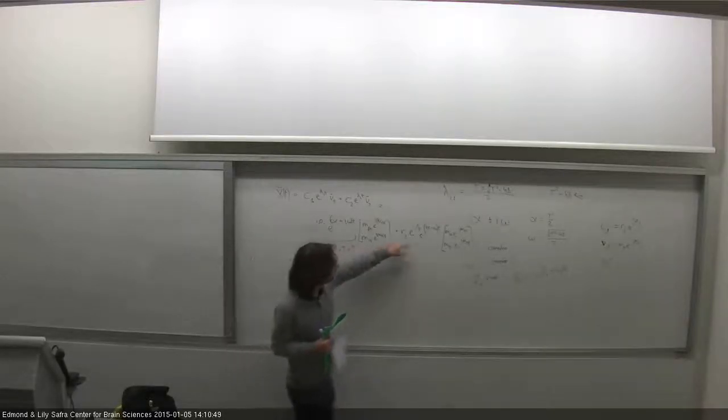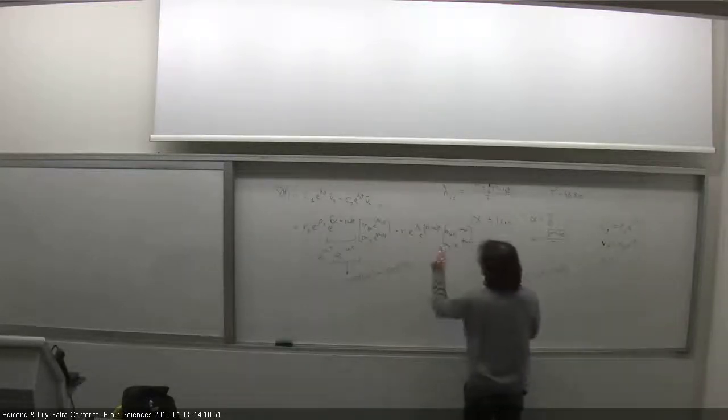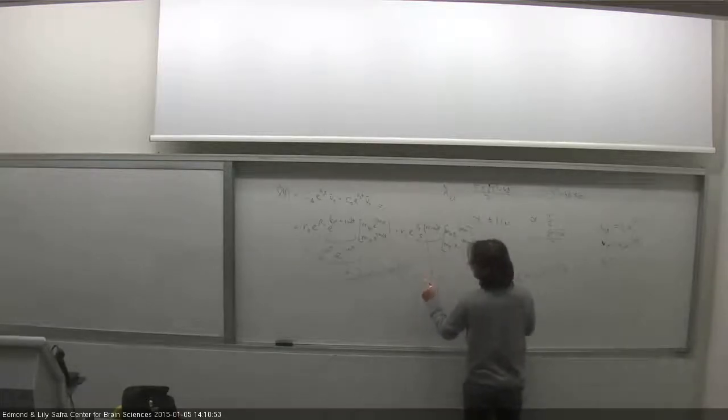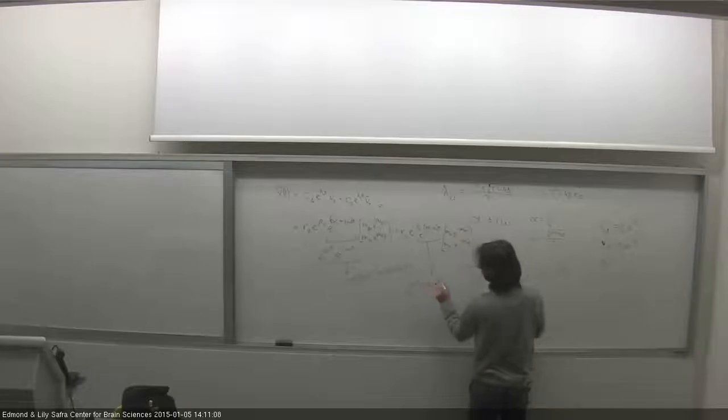And the same thing is going to happen here. Because if we take this, we have cosine of minus omega t, and the cosine of the minus is just the cosine.